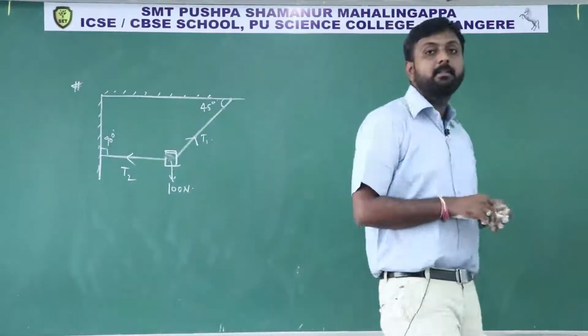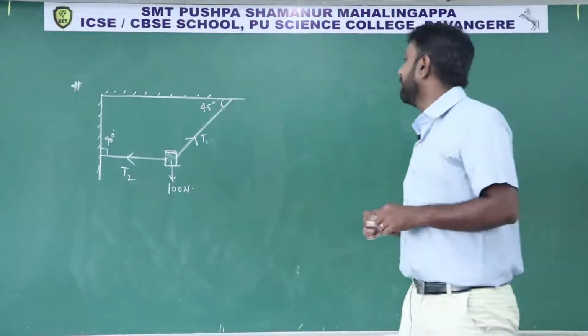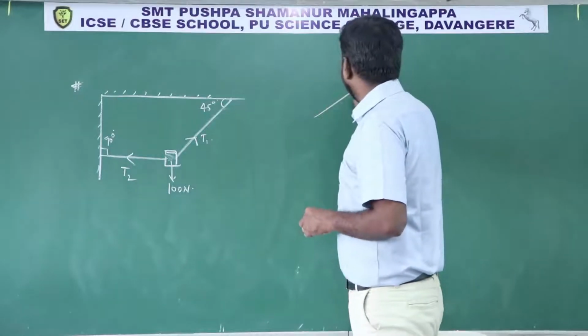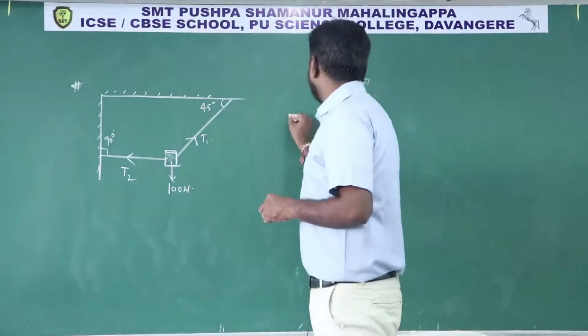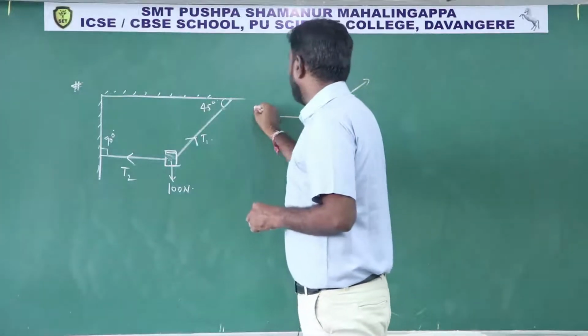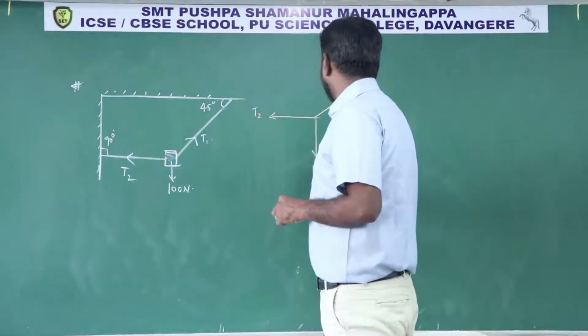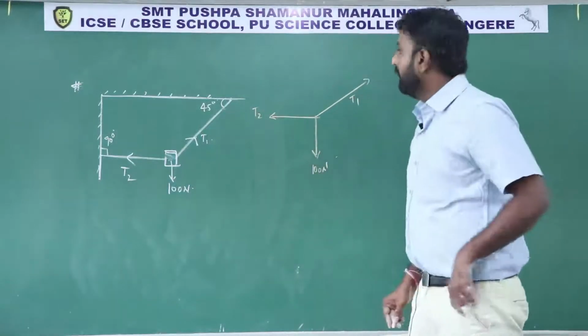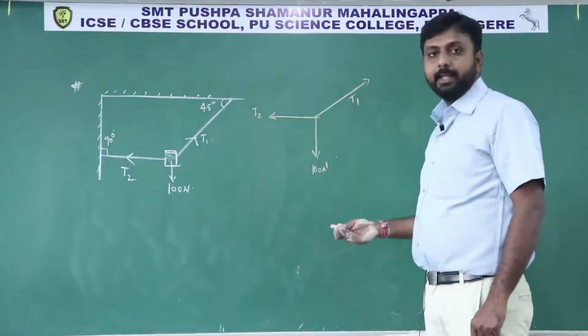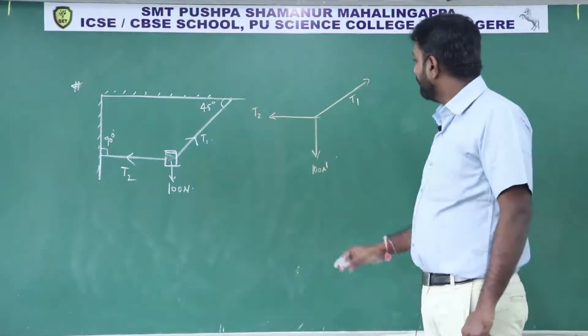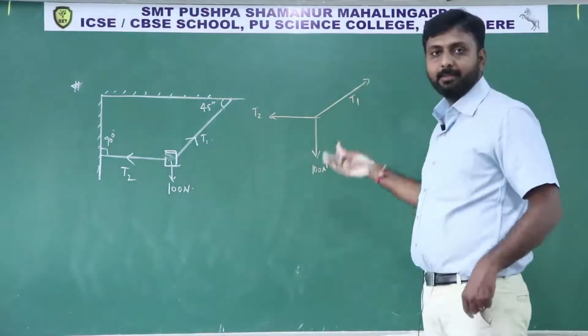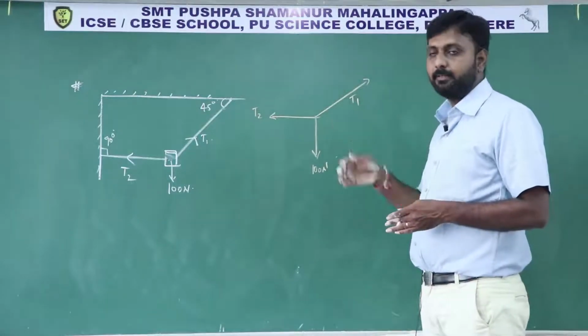So from both the methods you can find the answer. See here, this is T1 and this is T2, and here the force is given as 100 Newton. So which vector can we resolve? Definitely T1 is acting in some other direction, not along the x-axis or y-axis.